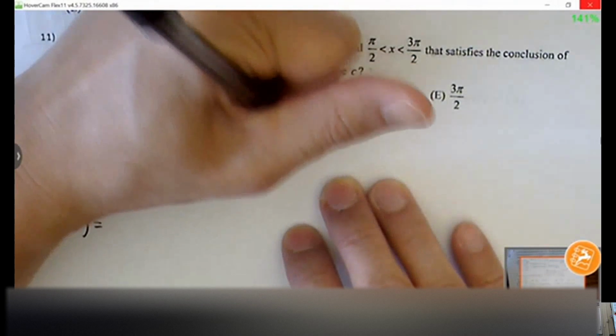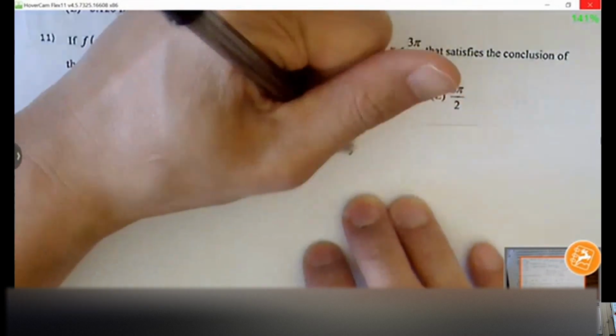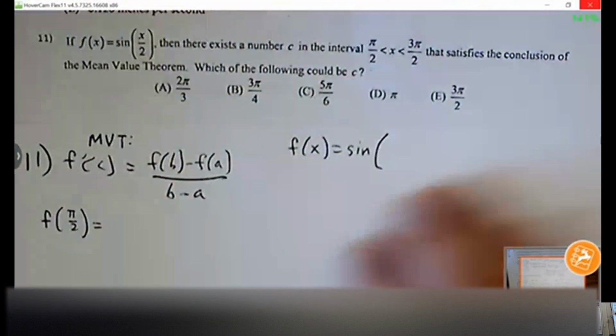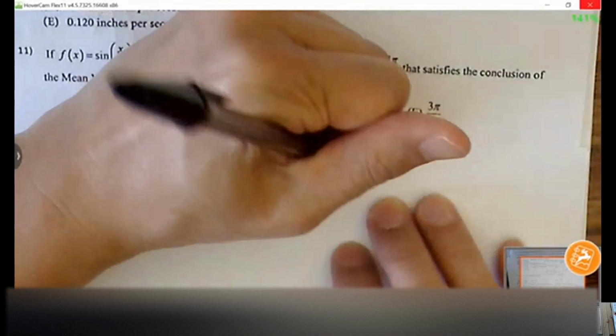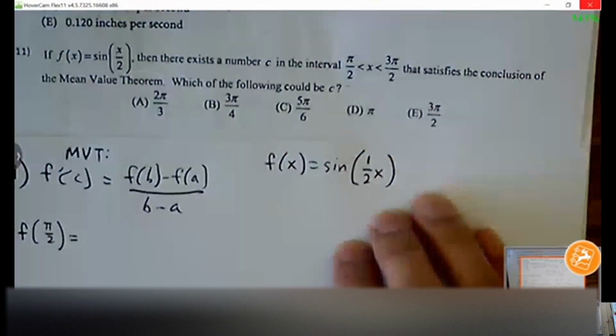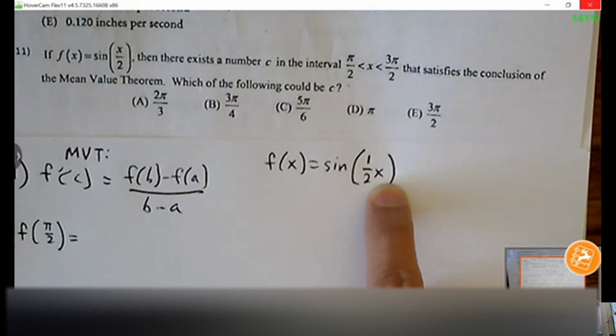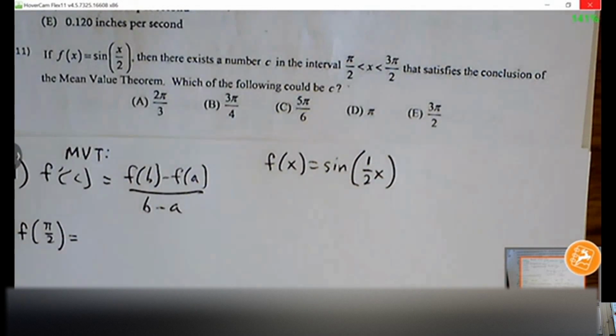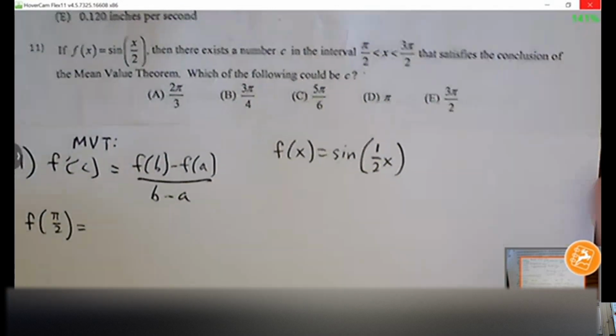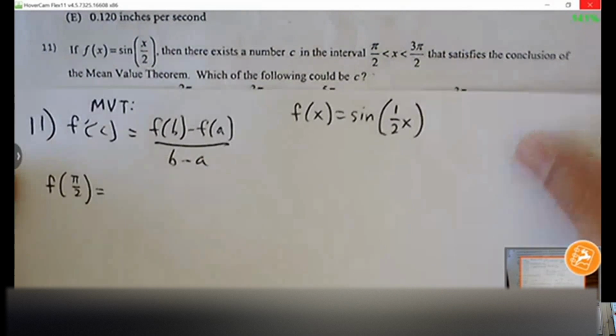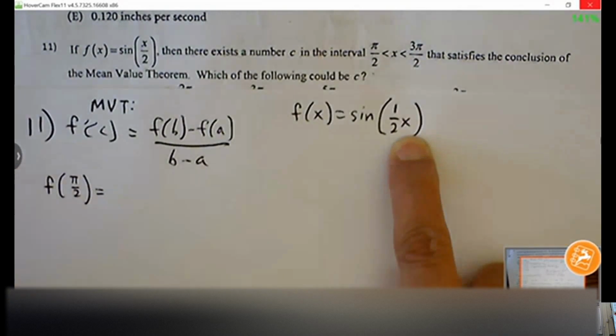Now my f of x is sine of x over 2, but just so that we don't have to deal with a complex fraction, maybe you want to write it as sine of 1/2 x. That way, whatever x you have, because that's a fraction, you don't have to stare at a complex fraction. Maybe it makes it a little bit easier to insert. So pi over 2 will go in for x.